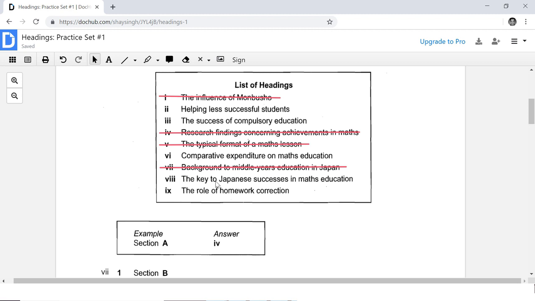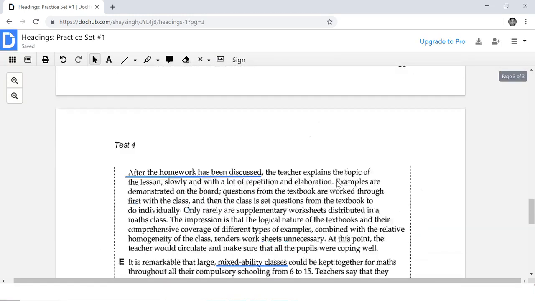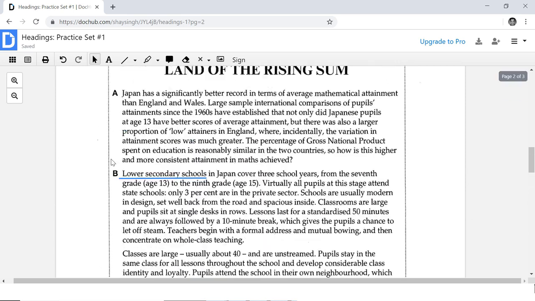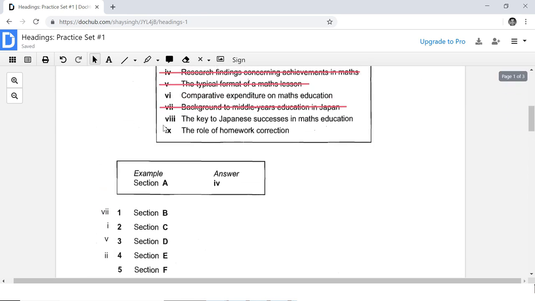What is the key? And key for success in what type of education? Well, math education. And it's talking about math education here in section F. It's talking about math teaching. Okay? So that is the correct answer for section F. The correct answer is going to be number 8.